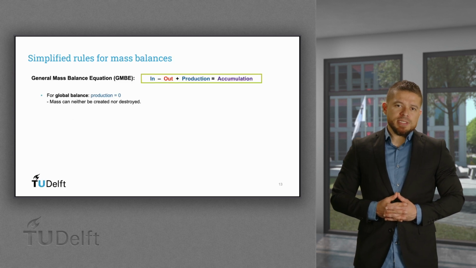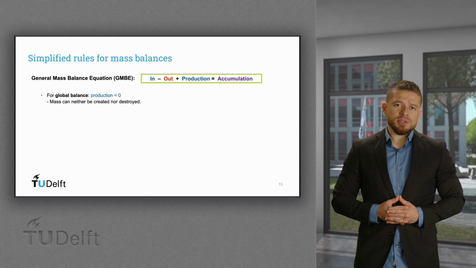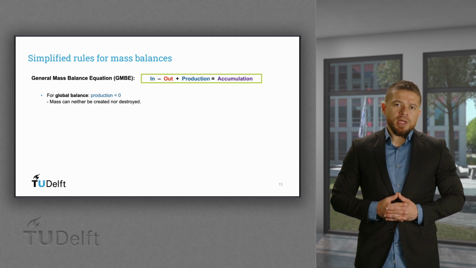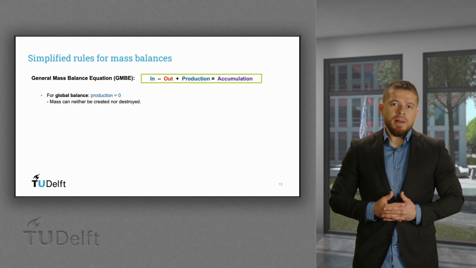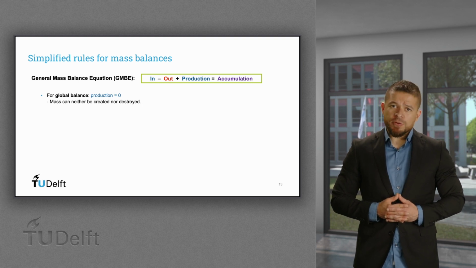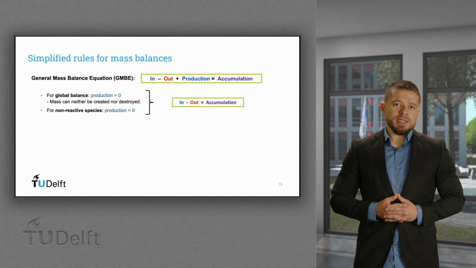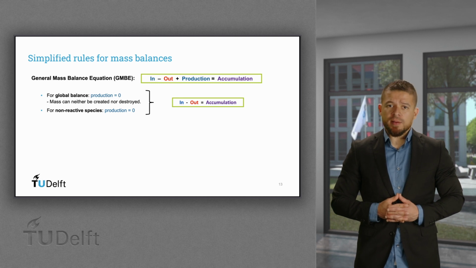When doing mass balances, we can apply some rules to simplify our calculations. For example, in all cases for global balances, the production term of the general balances is equal to 0. The same applies to balances by components for non-reactive species. Then we have a simplified version of the general balances.